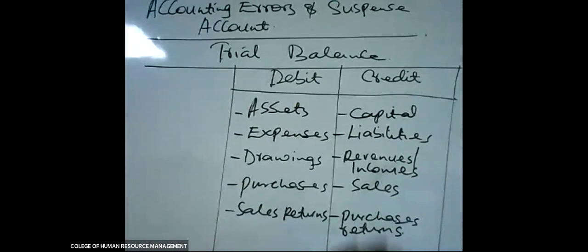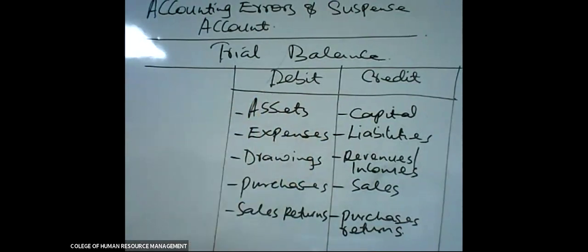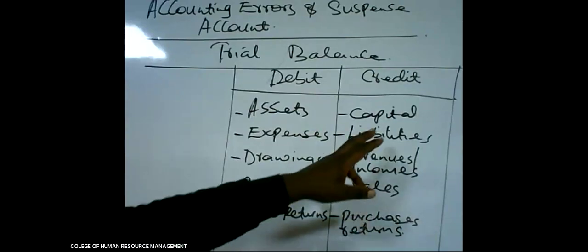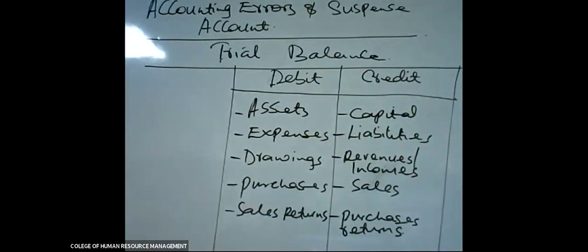The reason why I want you to remember this is because when we are correcting the errors, you need to remember whether it is an asset, and if that asset was understated or overstated, how are you going to deal with it? So if it was capital, which was never credited, then you need to know that it should be credited.